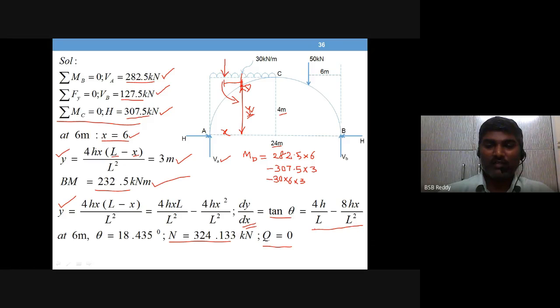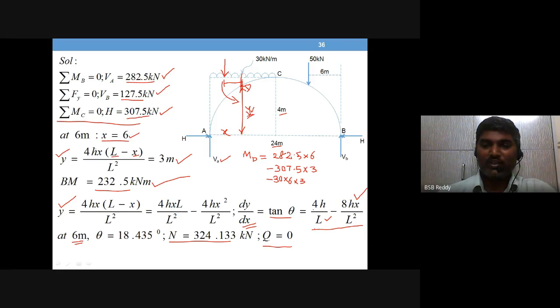So dy by dx, when you expand this, is 4hx into L minus 4hx into x square by L square. Simplifying, you get a simplified form like this. And now substituting 6 meters in place of x, h 4 meters, and L 24 meters, you have tan theta value.